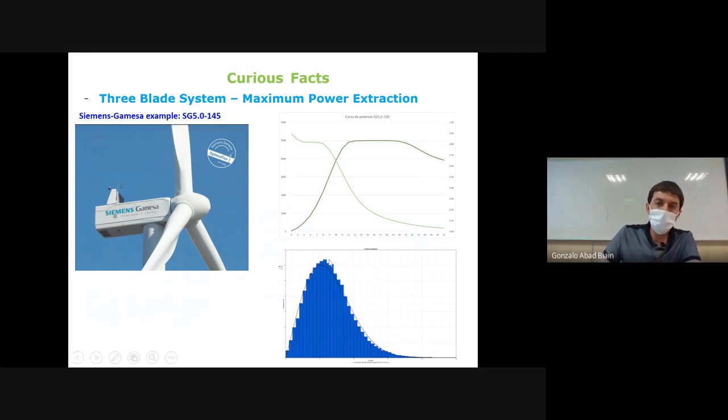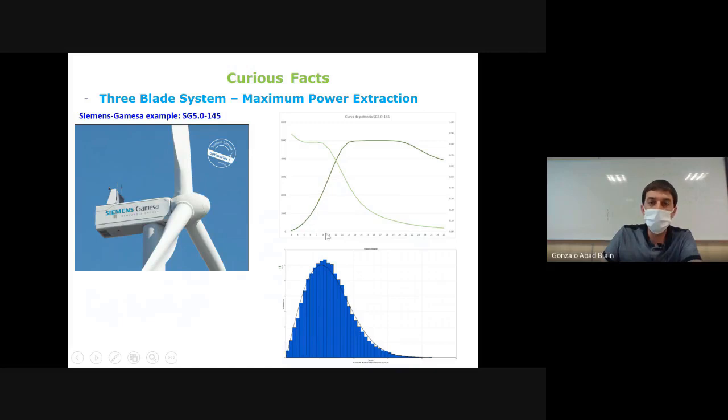But if you realize, the occurrence of the wind, normally we estimate or model it with a Weibull distribution. And for this wind turbine, normally it's fine that we have 7 meters per second of average wind speed.